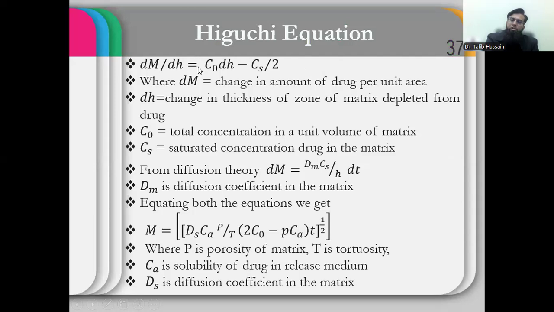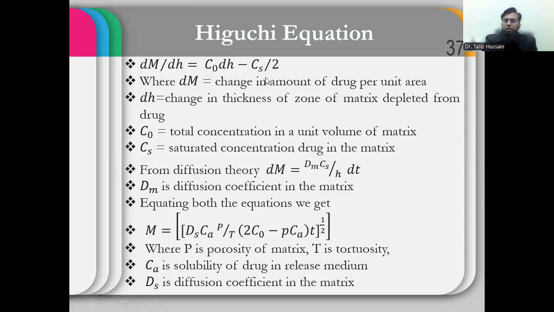So it can be written as the change in the amount of the drug per unit area, dM over dh. This will be equal to the concentration which is initially available in the system multiplied by the average distance it has to travel, minus half of the saturated concentration.